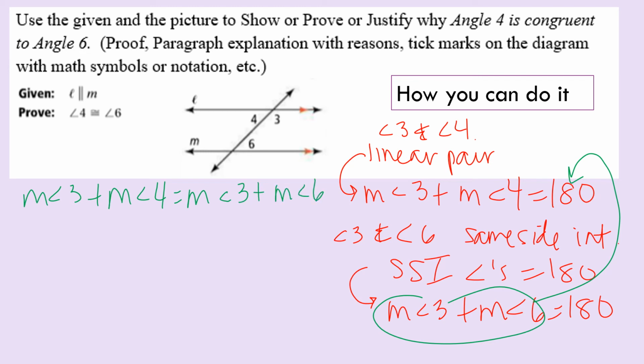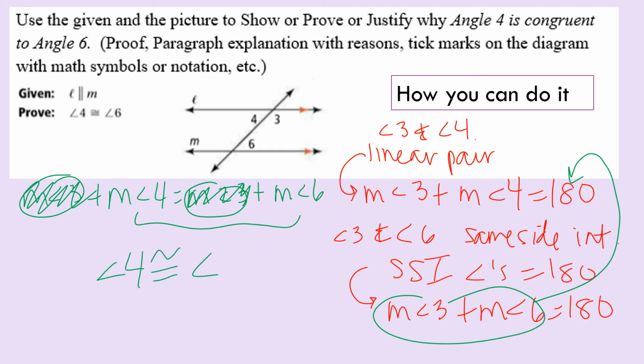And I know that these two, measure of angle 3 and measure of angle 3, are the exact same thing. And that's because of the congruent supplements theorem. So I can get rid of these. And if these two are equal to each other, they are also congruent to each other. And you can write something down like congruent supplements theorem.